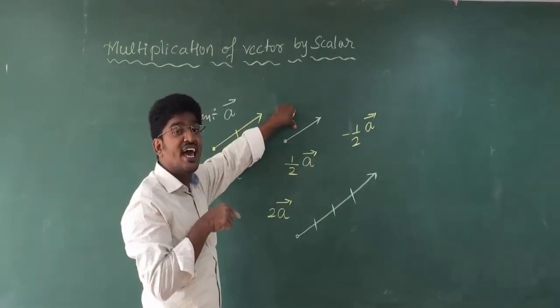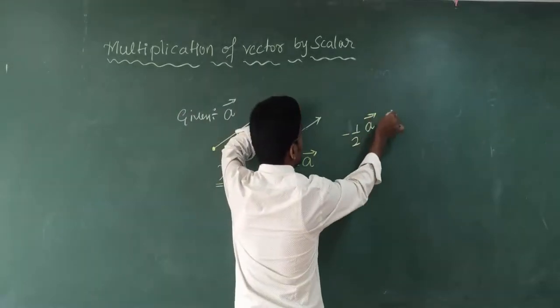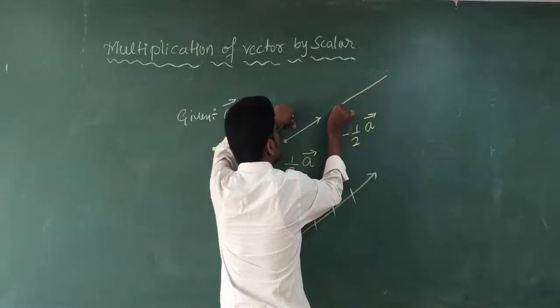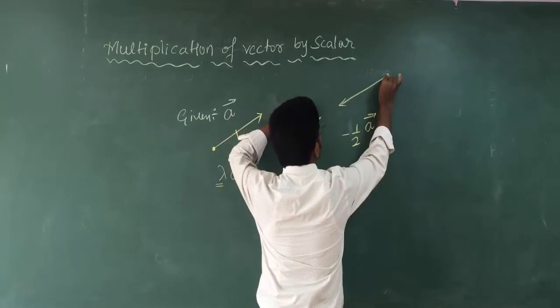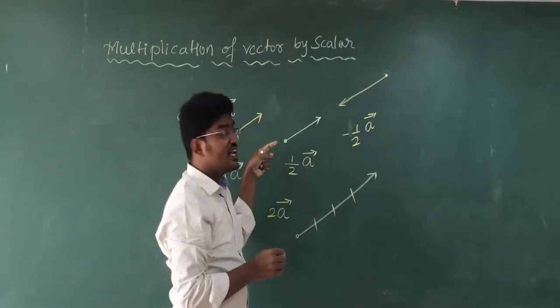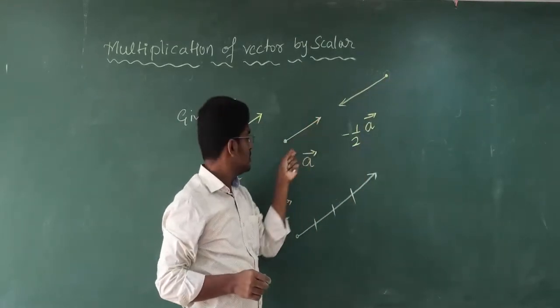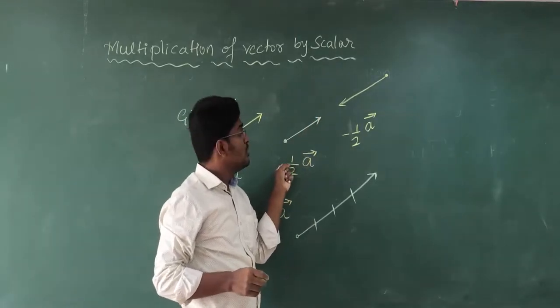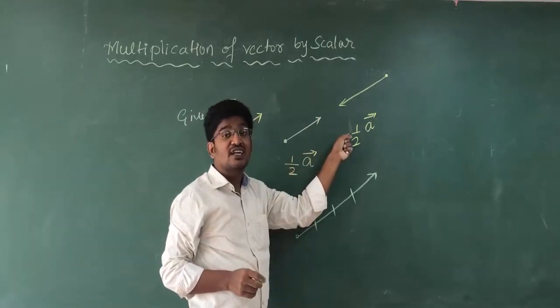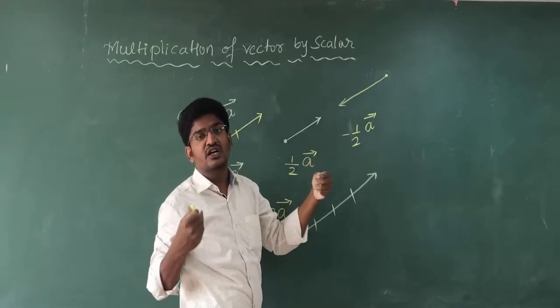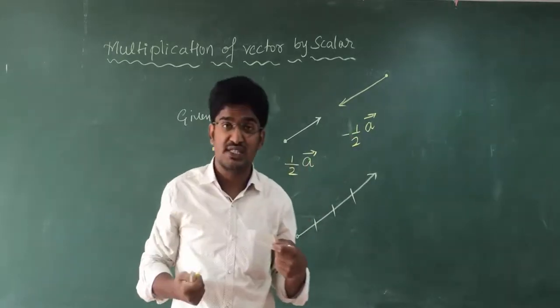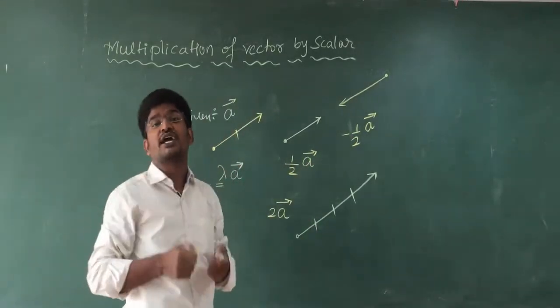With the original direction, this will be in the opposite direction. The original direction was upwards when it was positive. If it becomes negative, the direction should invert. The direction should reverse.